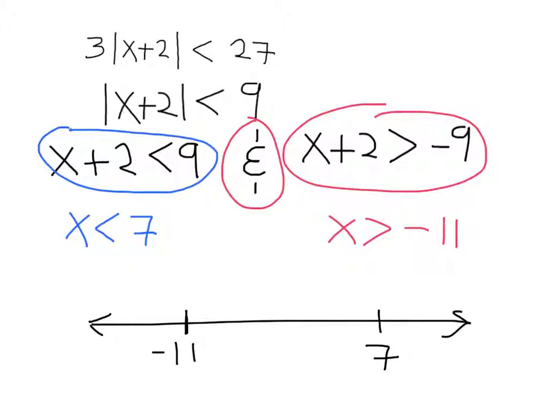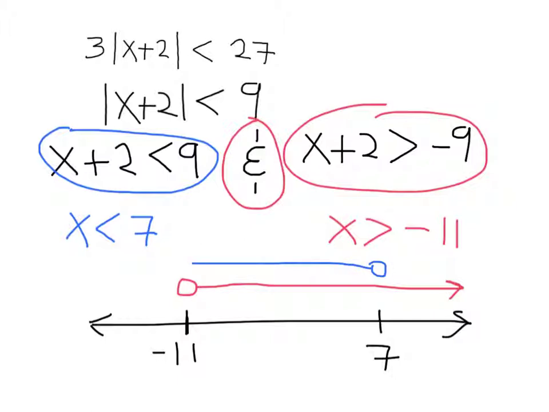And we'll focus on the negative 11. It's red. And x is everything greater than negative 11, so that's an open circle, and that's an arrow that goes forever this way. And then x is everything less than 7, so that is an open circle above 7 and everything going this way.